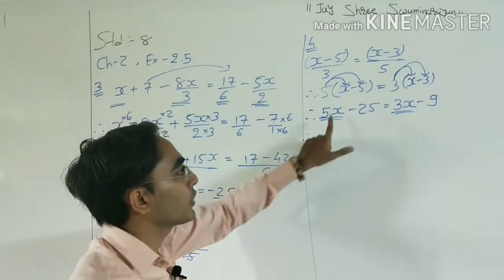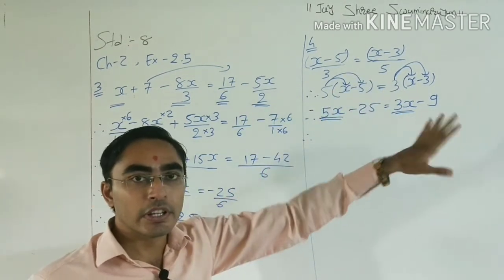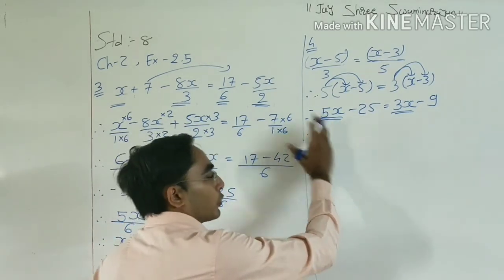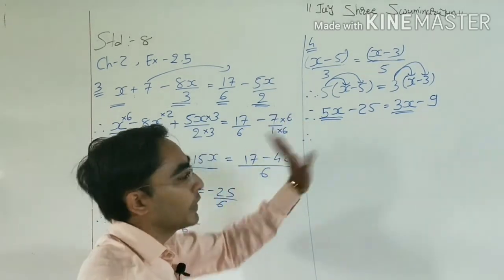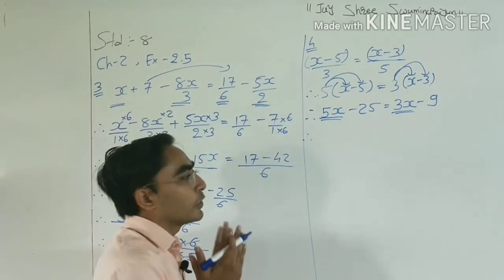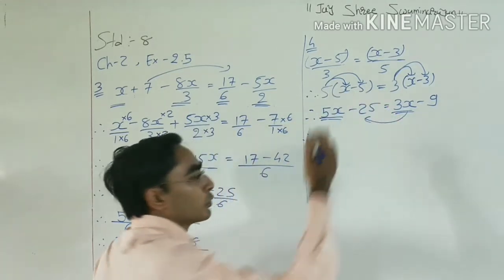So we do not need to transfer this 5x, because if we transfer this 5x to the other side, it becomes negative. But we want our big term to be positive. Right now it is positive on the left hand side, so we do not need to transfer this. So alternately we need to transfer our small term to the left hand side.